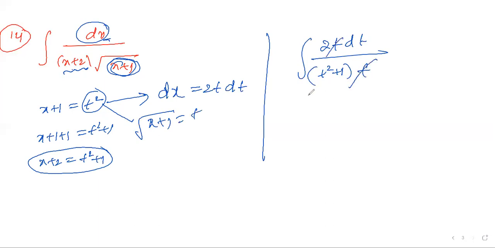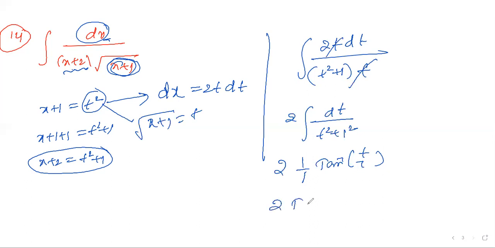So t cancels. The question is simple, I should take 2 out. So dt by x square plus a square form. Clear? What is the formula for that? 1 by x square plus a square, so 1 by a tan inverse x by a. So tan inverse t by 1. So 2 into tan inverse, what is the value of t? Root of x plus 1.